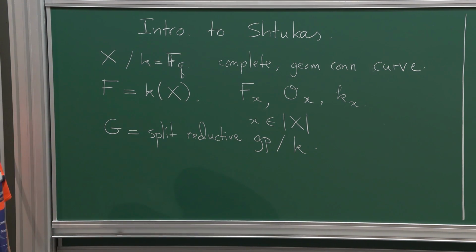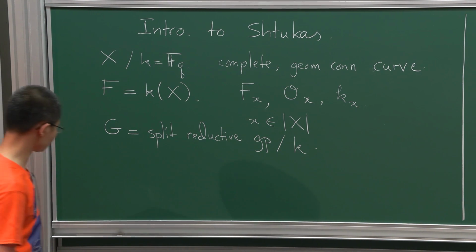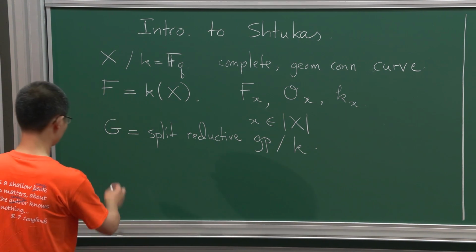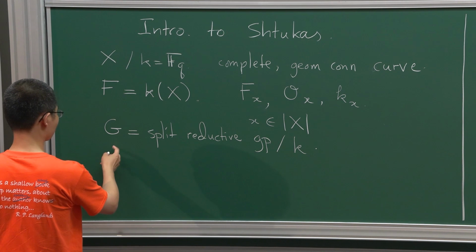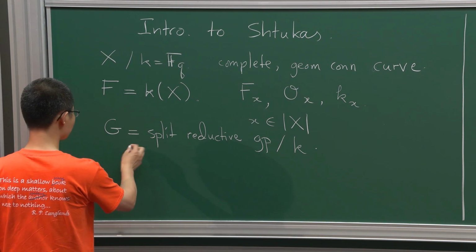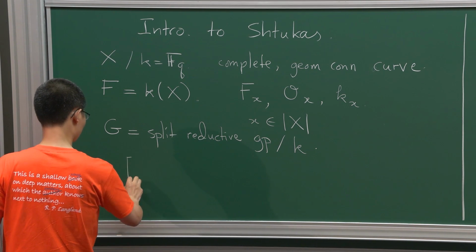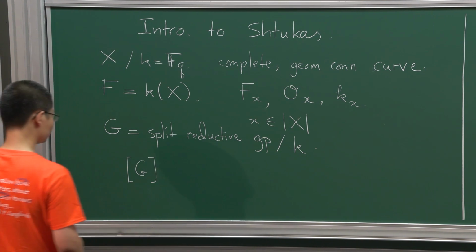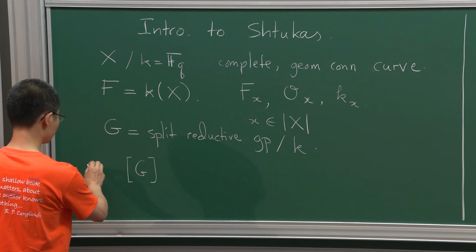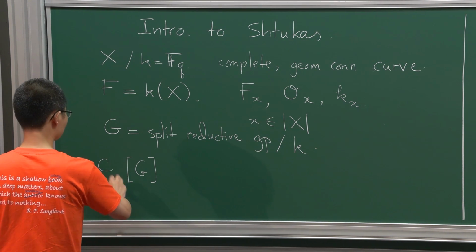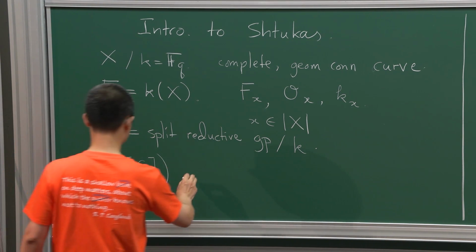Okay, so the goal of automorphic form theory over a function field is, of course, to study how G of adeles acts on functions on this adelic quotient.